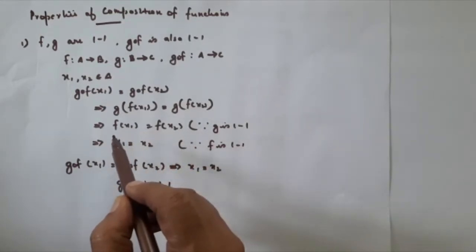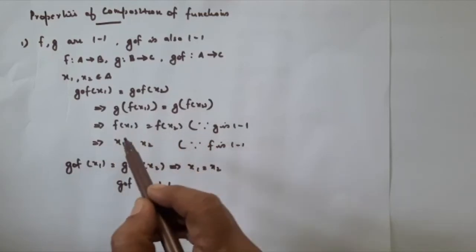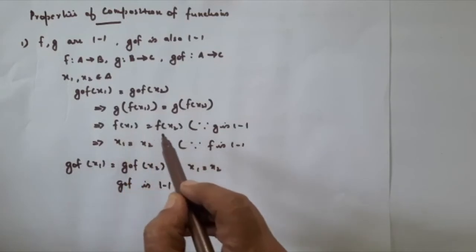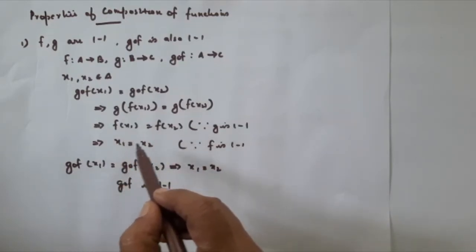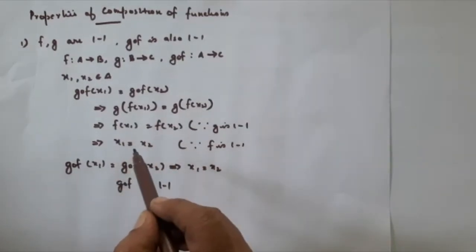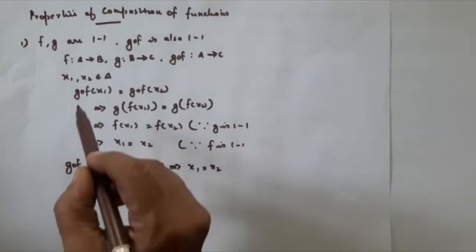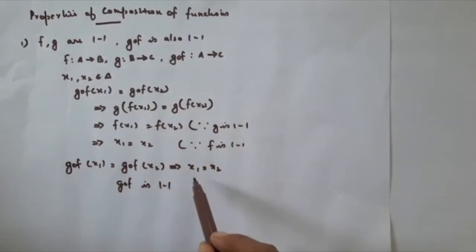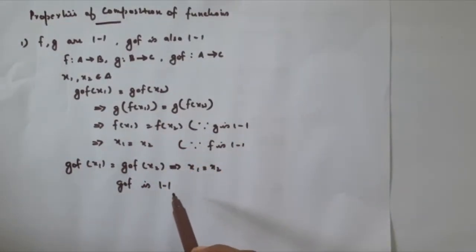And here f is also a 1-1 function, and so from this equation f of x1 equal to f of x2, we can write x1 equal to x2. Therefore, what did you get here? If g dot f of x1 equal to g dot f of x2, then x1 equal to x2, which means g dot f is also a 1-1 function.